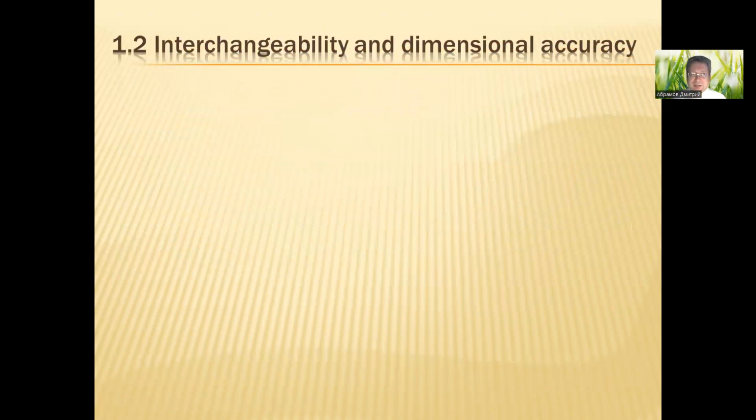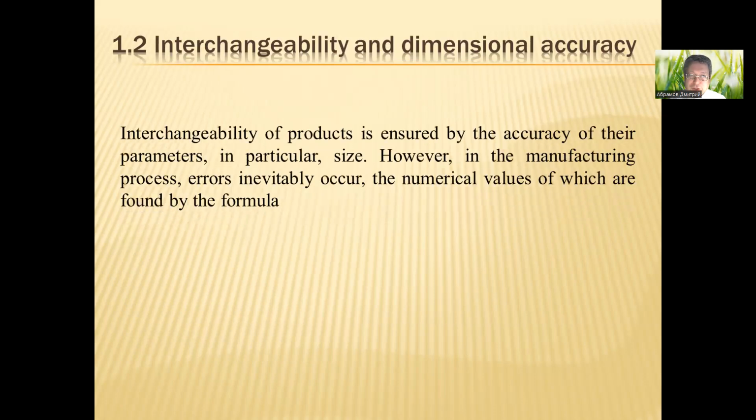And now we start item 1.2, interchangeability and dimensional accuracy. Interchangeability of products is ensured by the accuracy of their parameters in practical size. However, in the manufacturing process, errors inevitably occur, the numerical values of which are found by the formula.